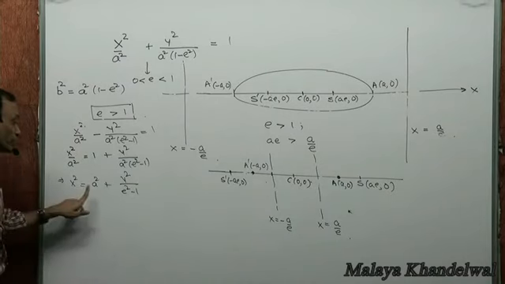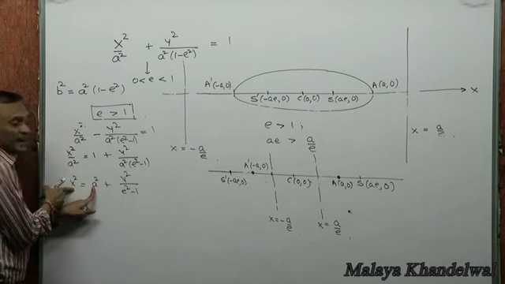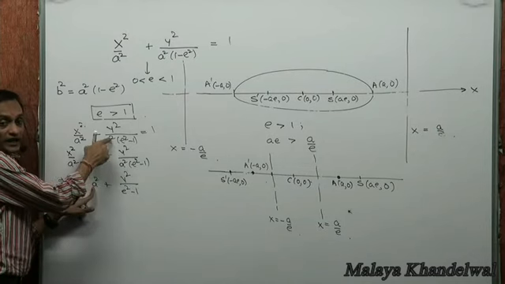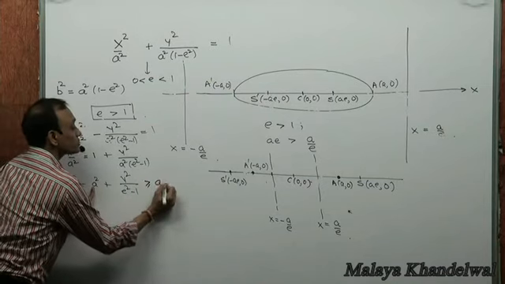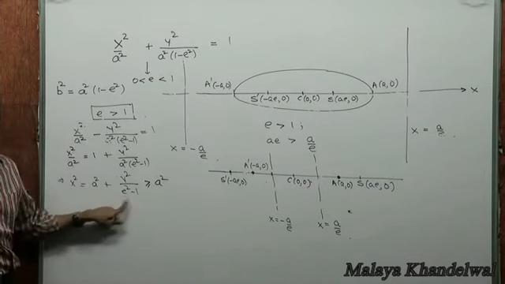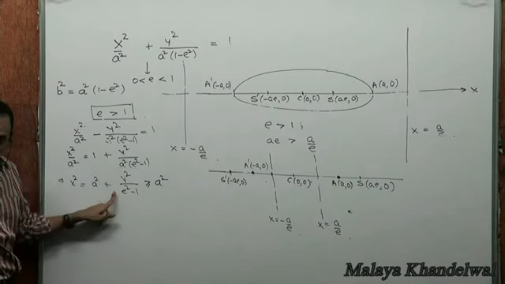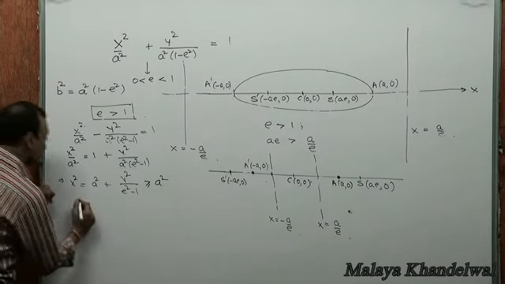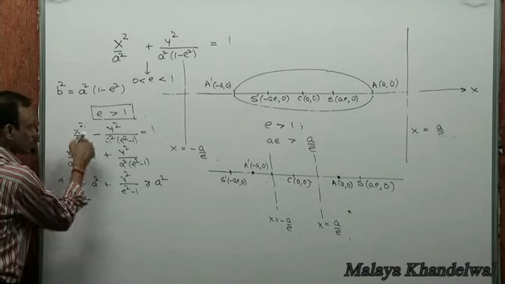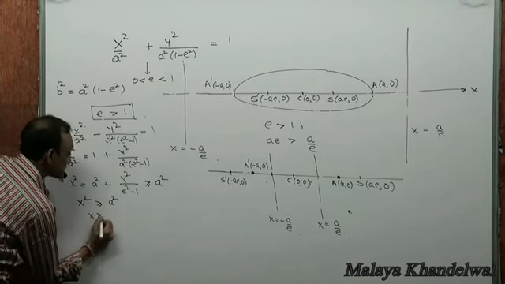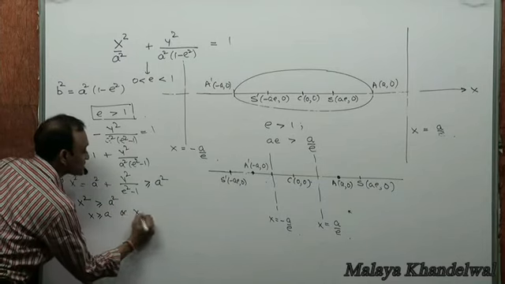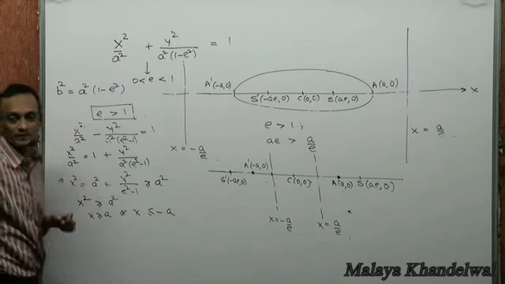Do you realize? For any x, y that lies on this conic section, this is greater than or equal to A squared, because this is a positive number, since E squared is greater than 1. That means for any point on this conic section, x squared is greater than or equal to A squared. That means x is greater than or equal to A, or x is less than or equal to minus A. Yes or no?